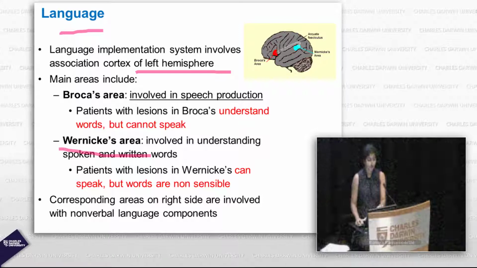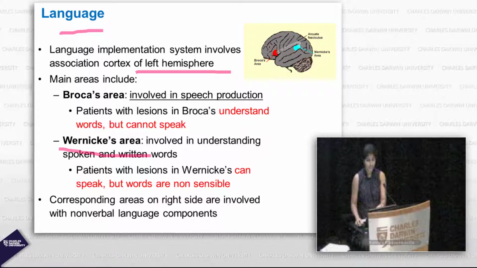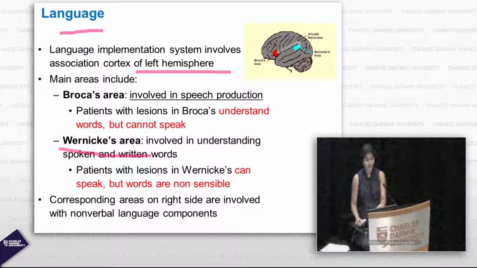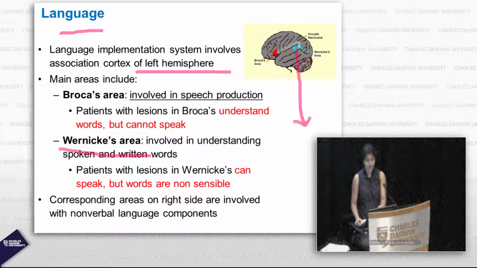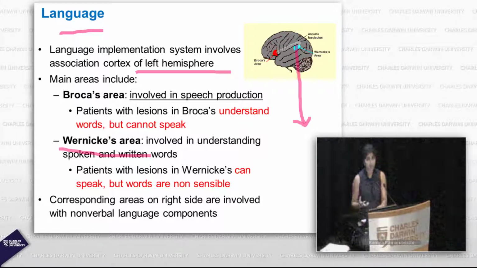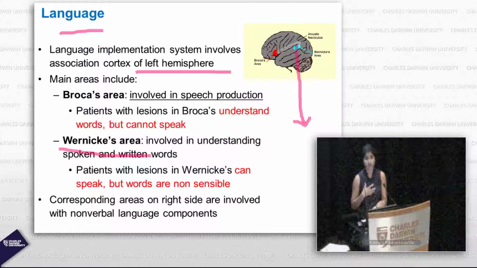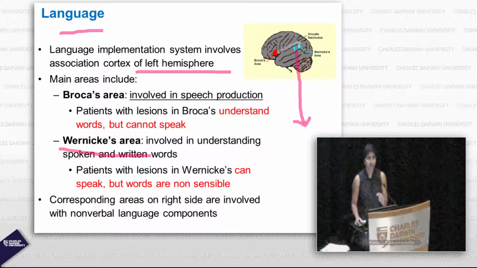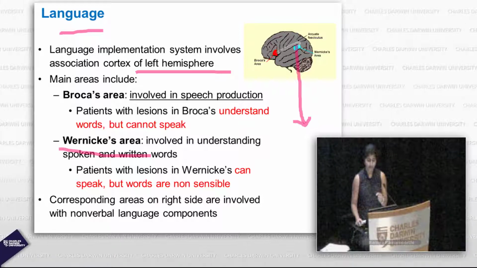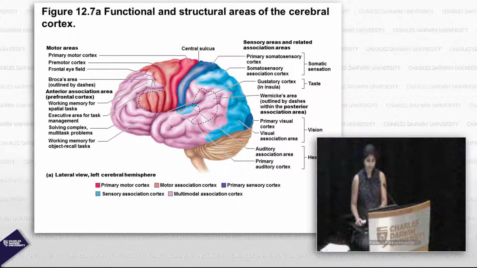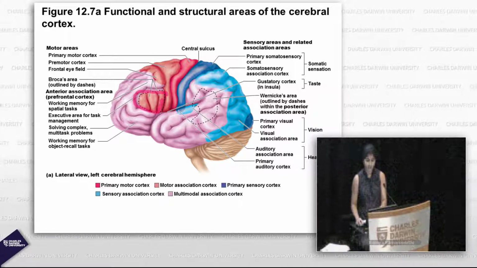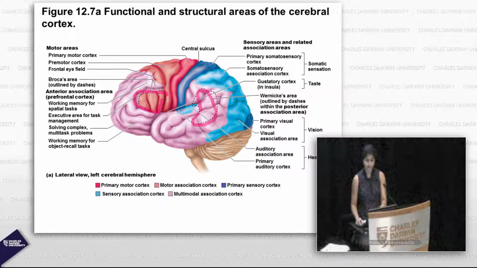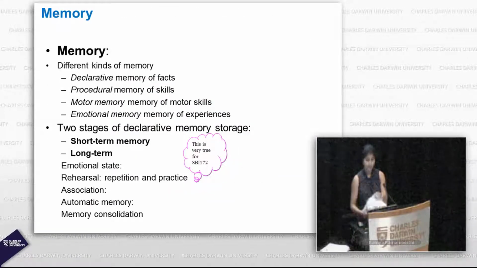Patients with lesions in Wernicke's area can speak, and they can hear what you speak, but it doesn't make sense to them because they can't put the information together and consolidate it. Okay. So here again, this is Broca's area, and this shaded area is Wernicke's area. Okay, so we have finished language, we move on to memory.